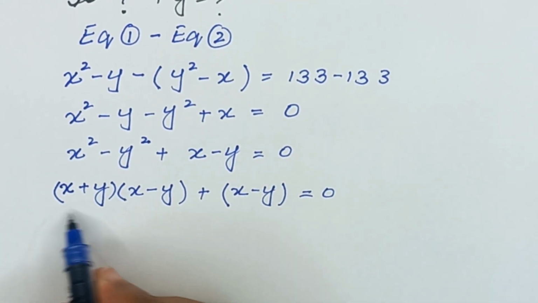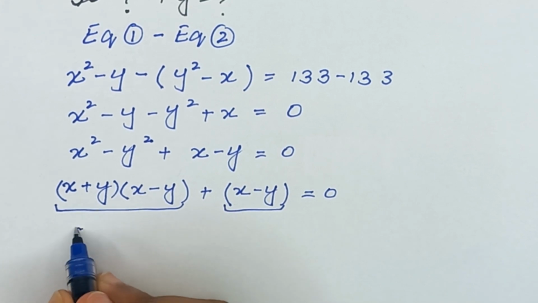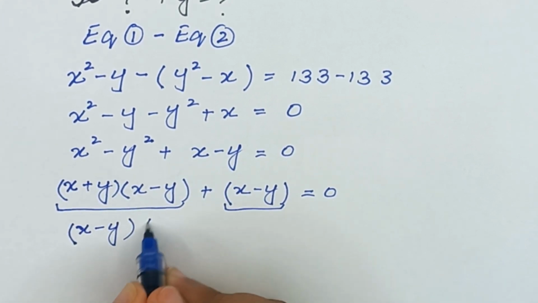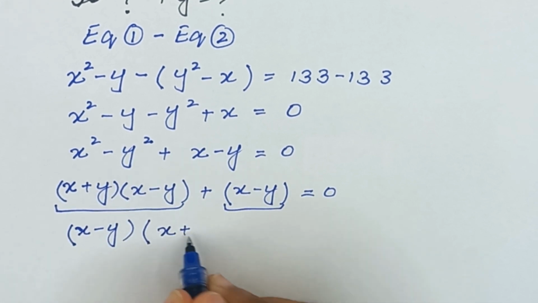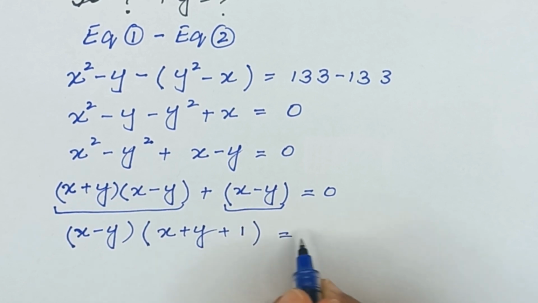Now you can see that in this term and in this term we have x minus y common. So it will give us x plus y, plus 1, is equal to 0.